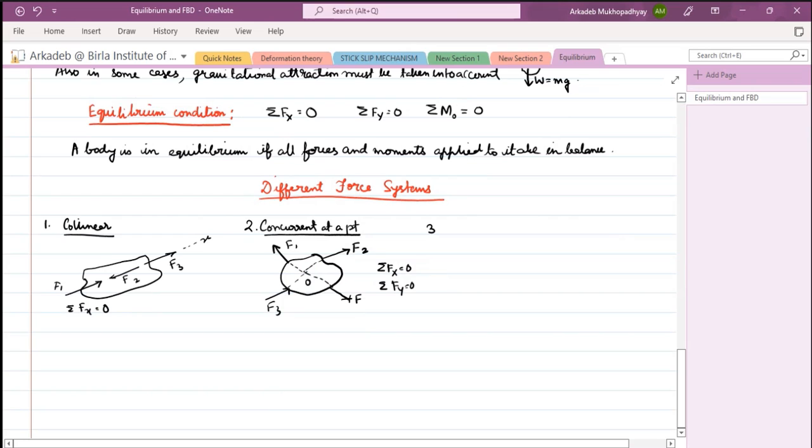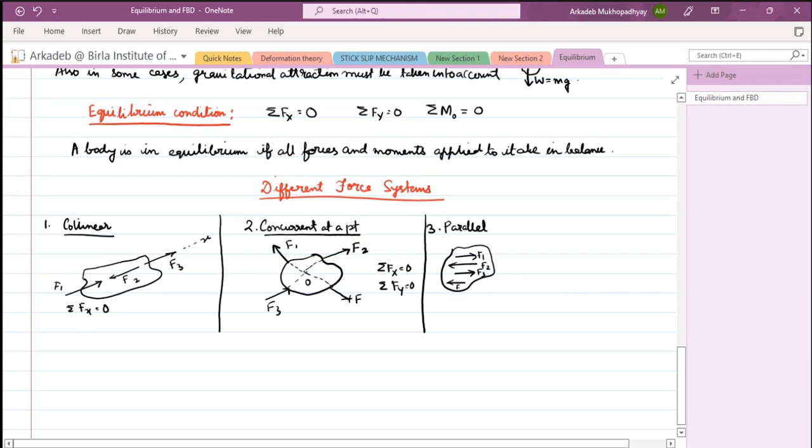The third one will be parallel system of force. Say F1, F2, F3, etc. You have say something like this.